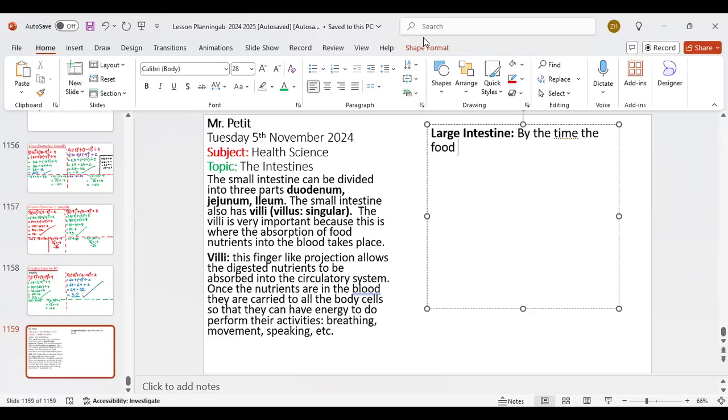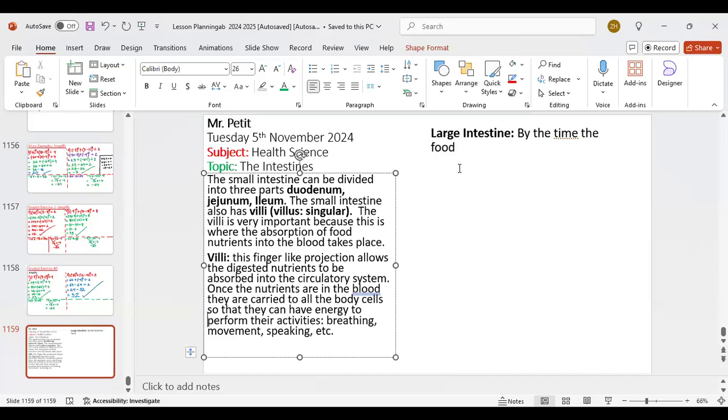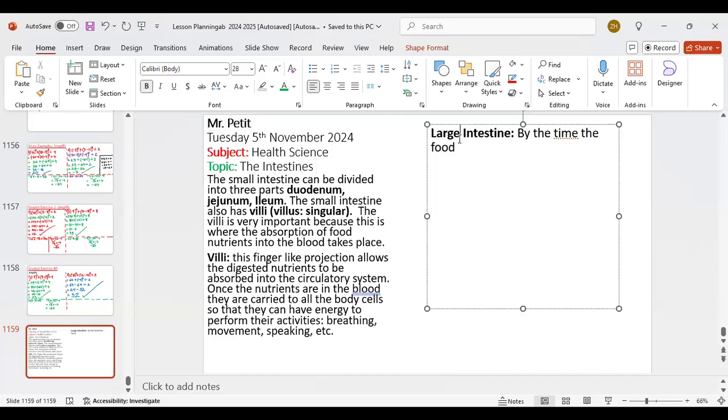So the large intestine to me is that group member who doesn't do any work but still gets credit.